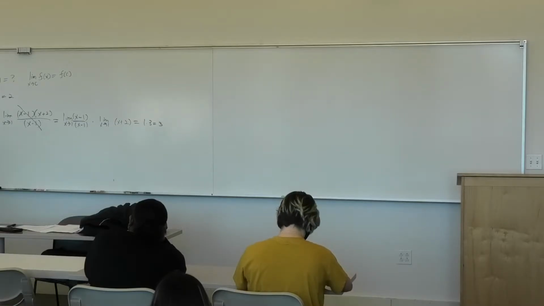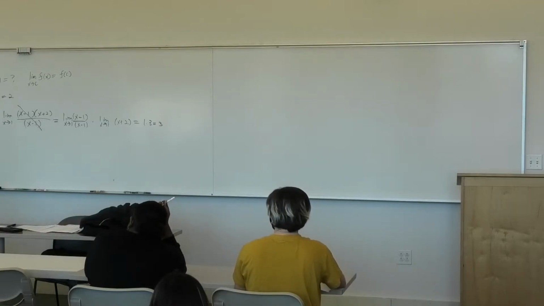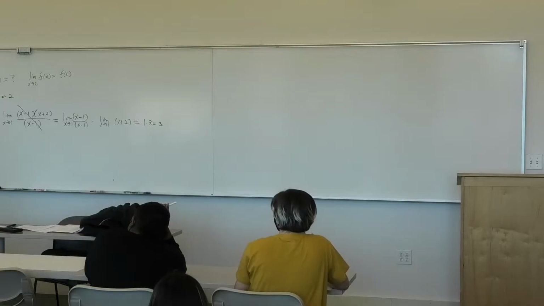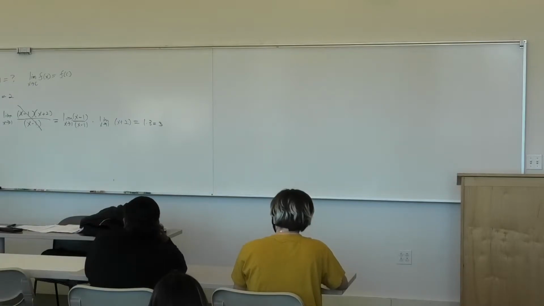Square root of 9 is 3, over 9 is 1/3. You could think a little harder and say this appears to be a continuous function, except at 0, and we're not looking at 0. So it's continuous, so you can just plug in 9.